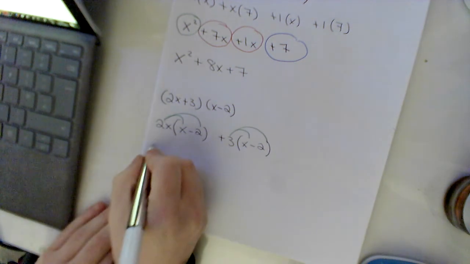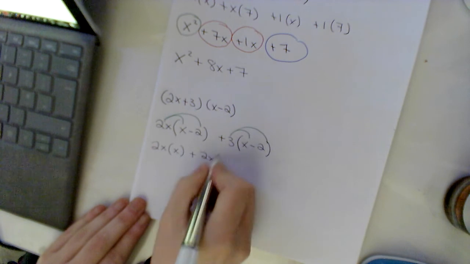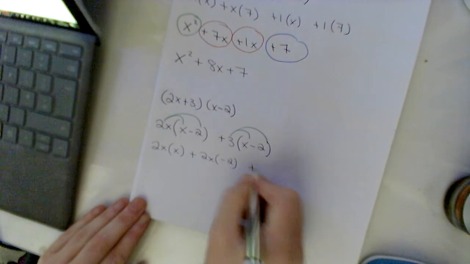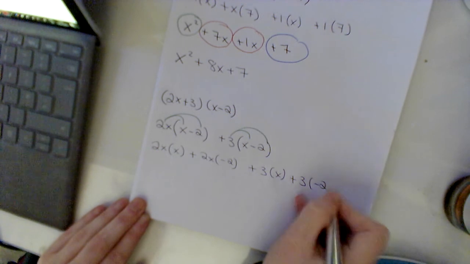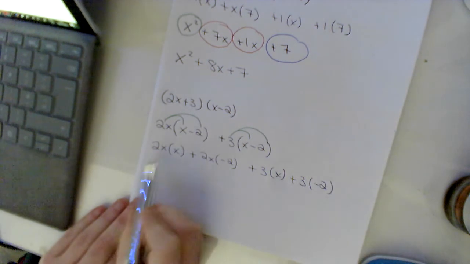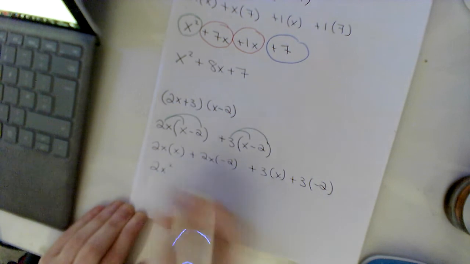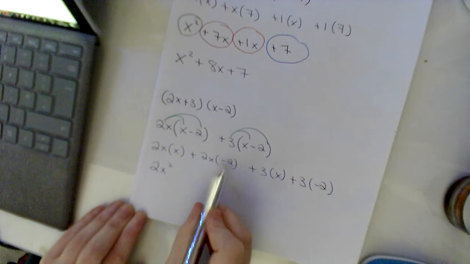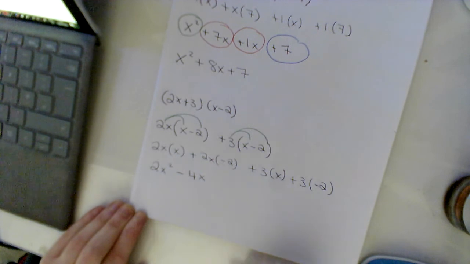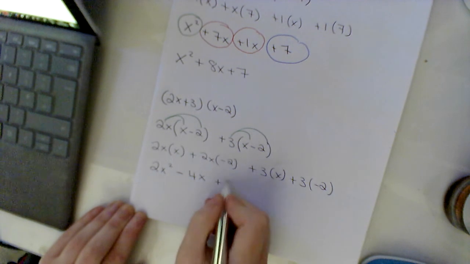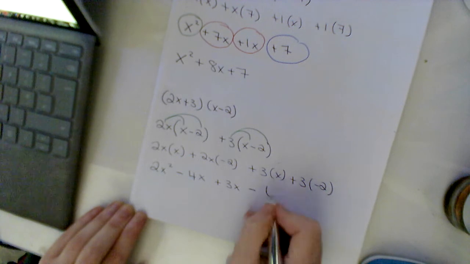And I rewrite it, so I have 2x(x) + 2x(-2) + 3(x) + 3(-2). Now I have 2x times x, I get 2x squared. 2x, so plus by minus gives me minus, 2 by 2 is 4x, plus 3x, plus by minus is minus 6.